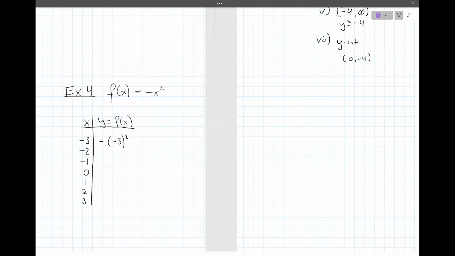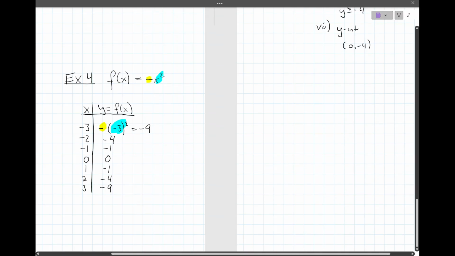So that negative is coming from there, and the number itself coming from the x squared is that piece right here. So whatever I square is actually just going to end up being negative. So this is just going to be negative 9. And that pattern continues. This will be negative 4. That'll be negative 1. This will be 0. Negative 1, negative 4, negative 9. Because that negative is outside the square, not inside the square.